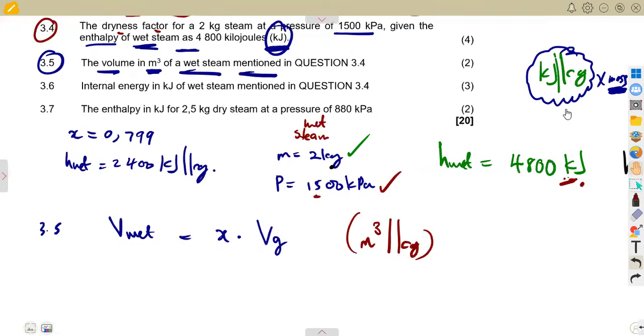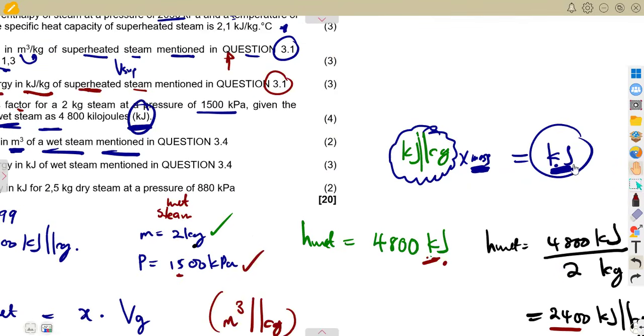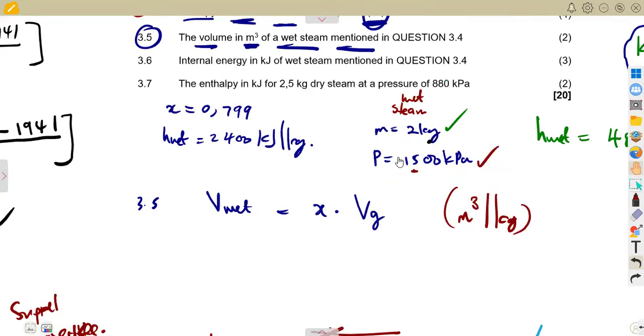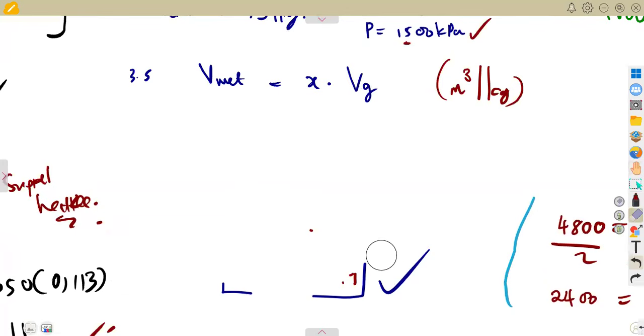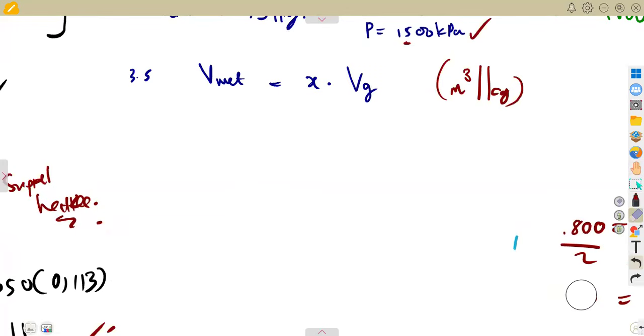But how do we remove per kilogram to get cubic meters? The moment we multiply by the mass, it neutralizes everything to the unit of measurement exactly that I'm given, which is cubic meters. I have to multiply by the mass.